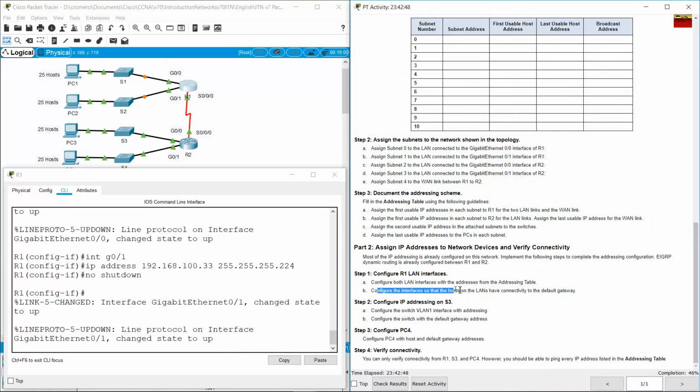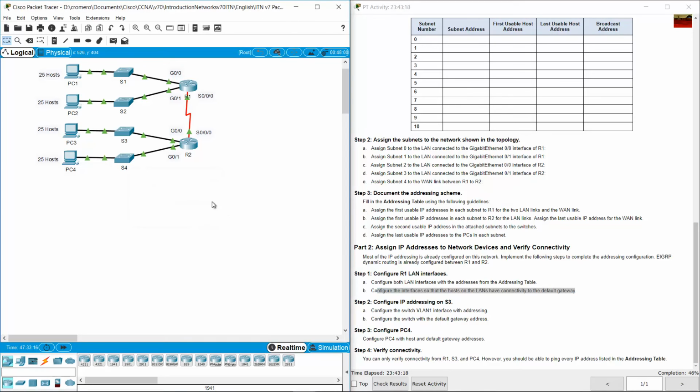Configure interfaces so that the hosts on the LANs have connectivity to the default gateway. Okay, no problem with this. This is already configured. This entry means configure the LAN interfaces.